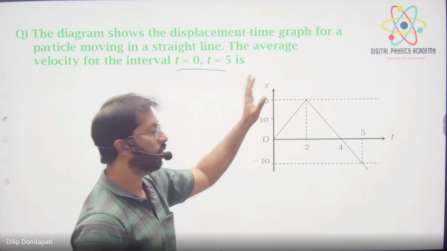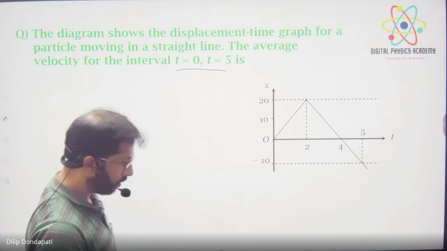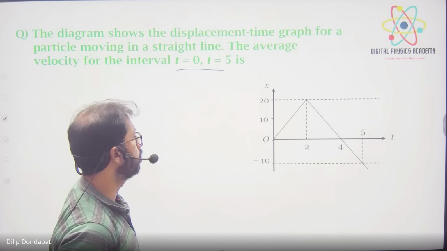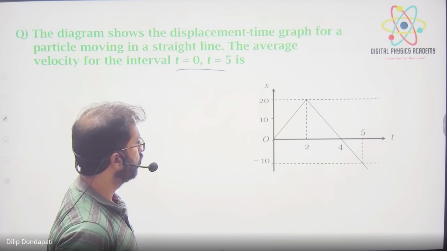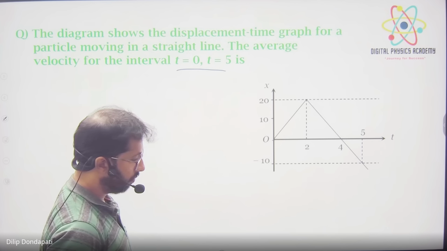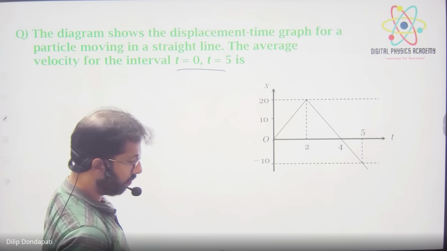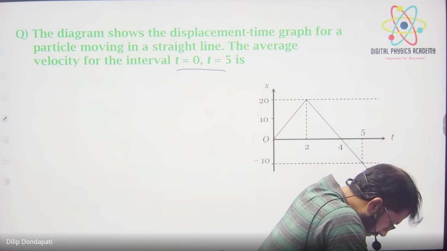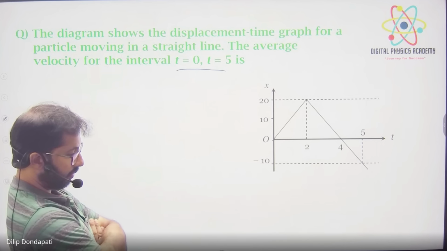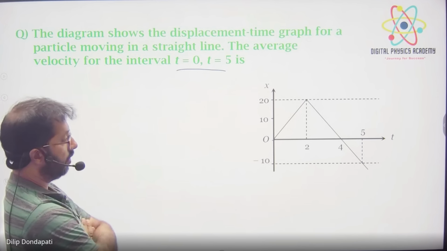He's asking for the total average velocity in 0 to 5 seconds. Do you know the average velocity formula?